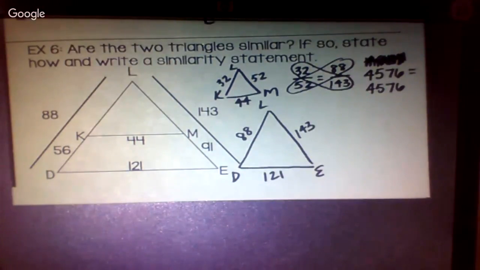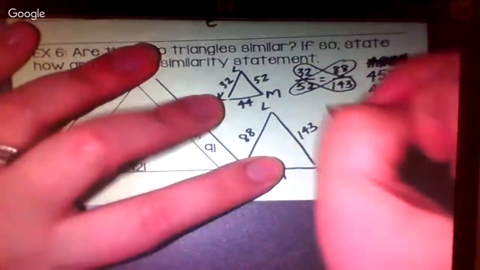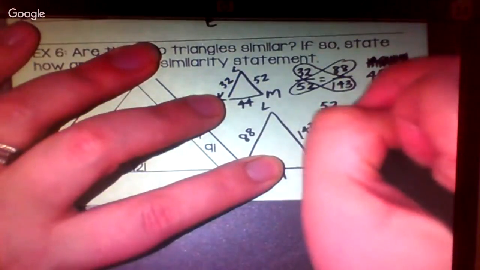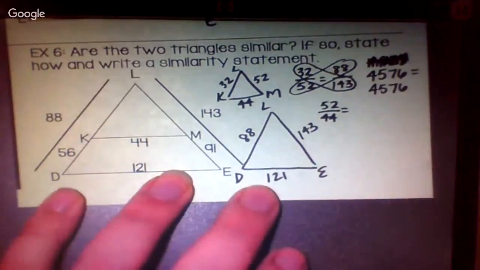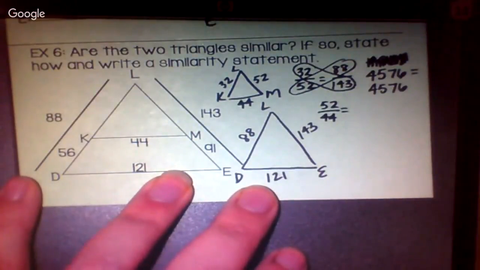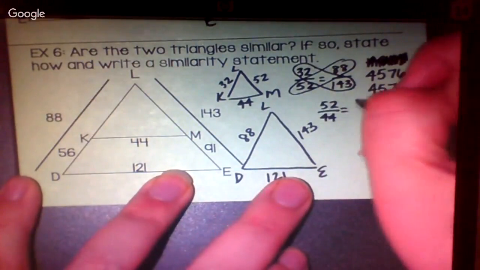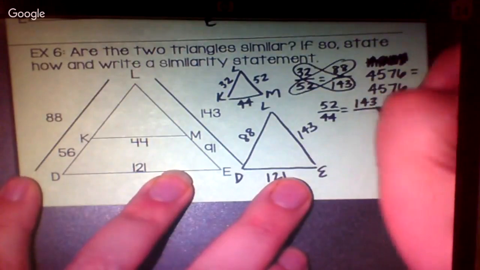So we got 4,576 for both. So that one checks out. We are not done. You cannot stop until you've said one does not work or you've checked all three. So now I need to move on and do 52 over 44, which means I need to do 143 over 121.